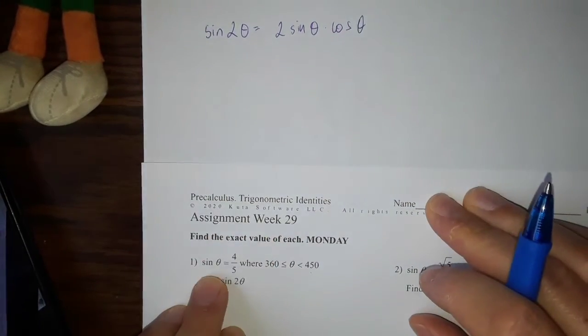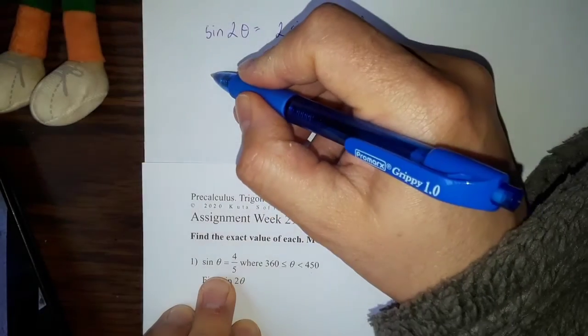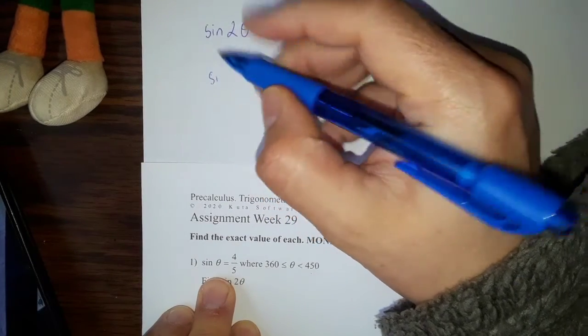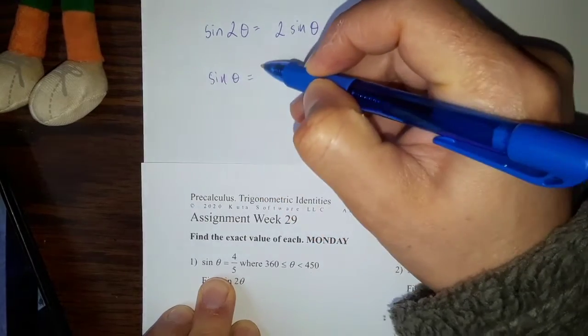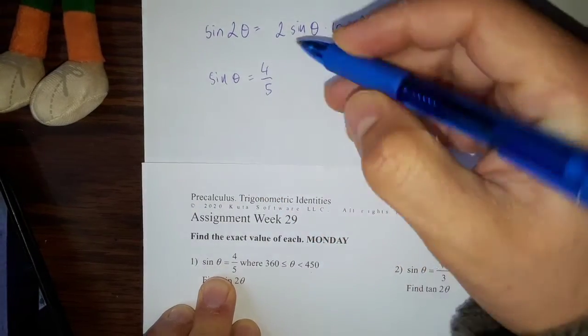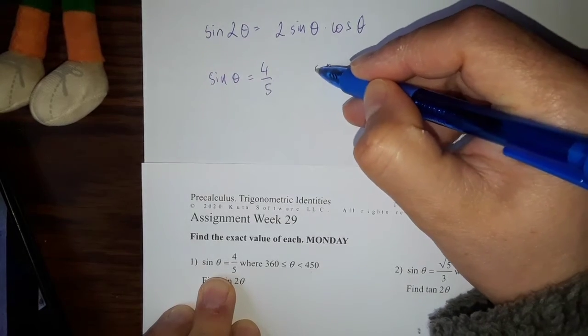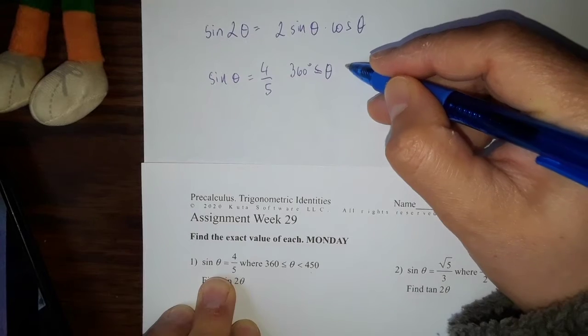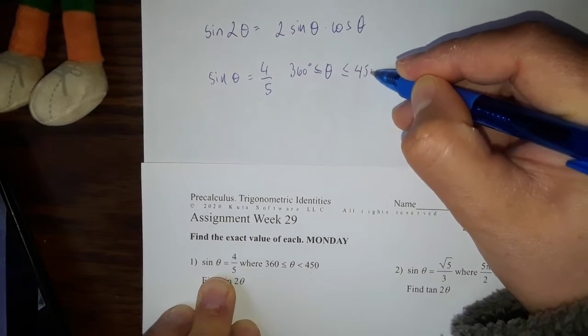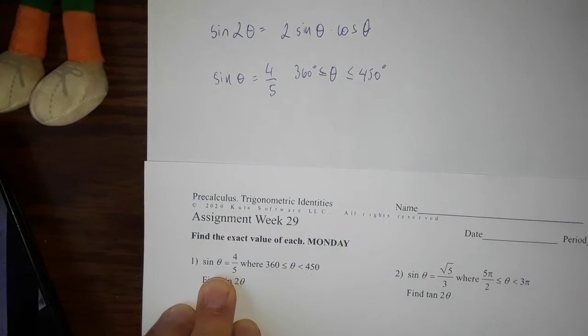Okay? And the problem says that actually we have to find this, but they're giving us that the sine of theta equals 4/5, that's between 360 and 450. Okay.